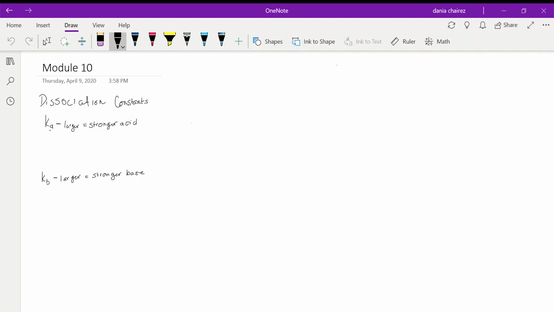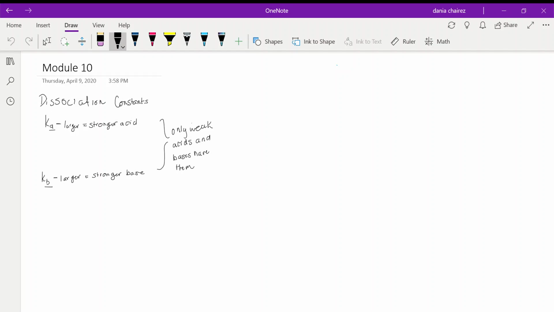So Ka is for acid, and Kb, B is for base. There's no trick here. But with Ka and Kb, only weak acids and bases have Ka values or Kb values.